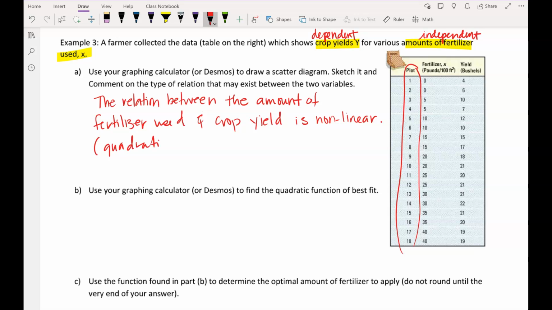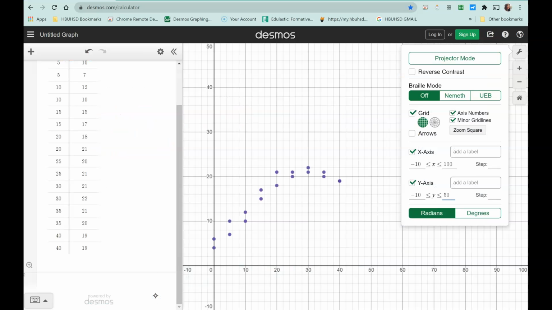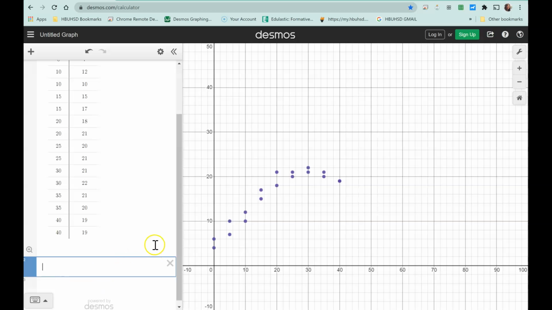quadratic. Use your graphing calculator or Desmos to find the quadratic function of best fit. Now I'm going to teach you how to use it on Desmos, for which I have to flip my computer again. Make sure you double check all the information is correct. So go down here to the next box in Desmos and type in Y, and I want you to find this wavy bar right there.